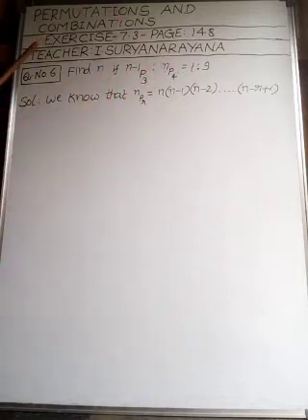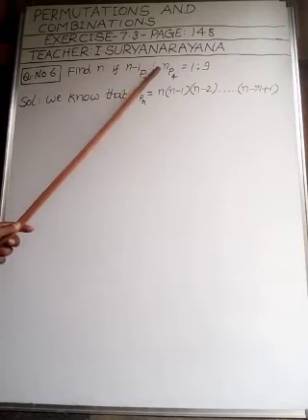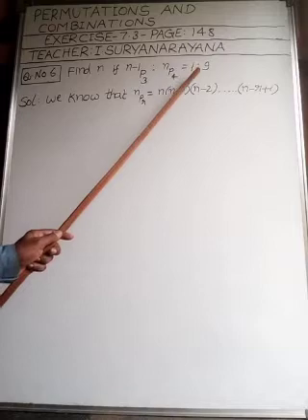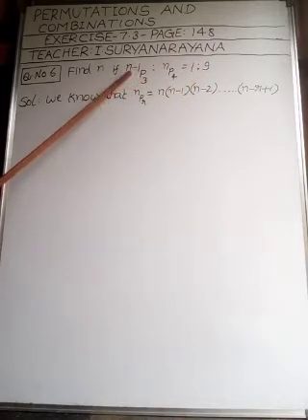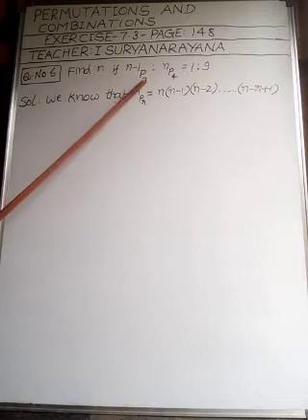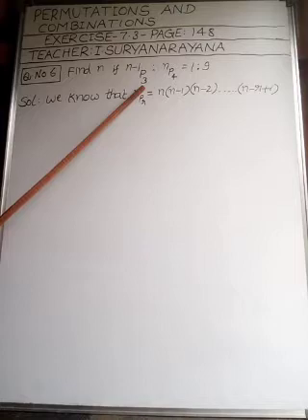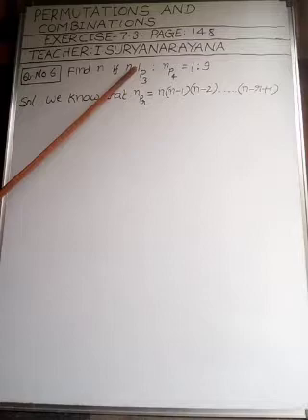Now come to the next question, question number 6. Find n if n minus 1 P 3 is to n P 4 is equal to 1 is to 9. While you are writing this notation, don't write n minus 1, P and 3 in the same line.